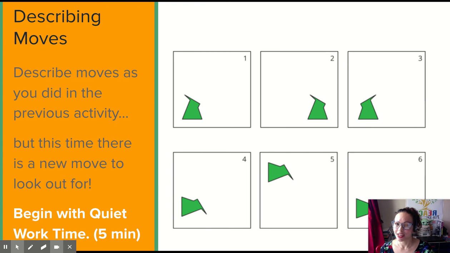So here's another dance. Notice this kind of looks like a bunny to me. I don't know, it's like the silhouette of a bunny. If we're looking at how it's moving from box to box, how would you describe the moves? And what's different when you look at the move from 2 to 3?